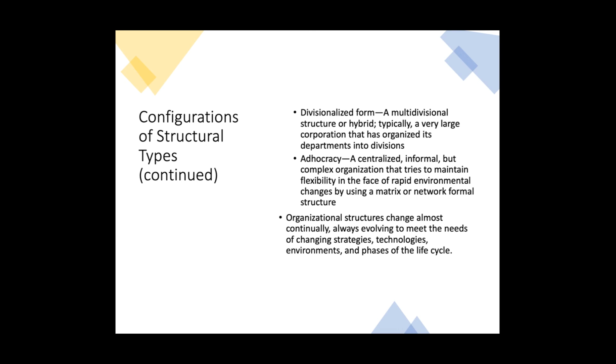And so the last bullet point, as we talk about these 5 archetypes, really just examples of ways you can try to align with the external environment, is that organizational structures change almost continually. Well, I'm not sure I typically agree with that bullet point. What I've seen anecdotally in my own career is that there are always pressures on the existing organizational structure to change and adapt.